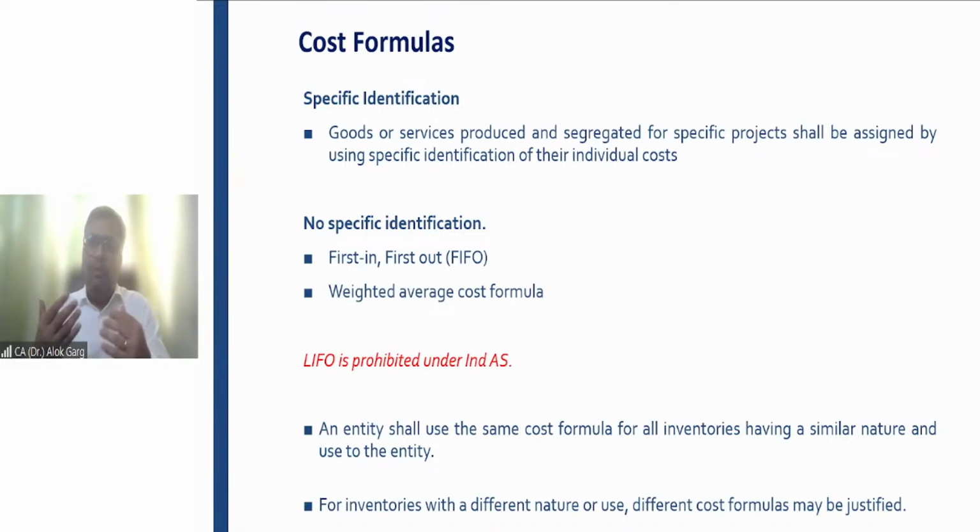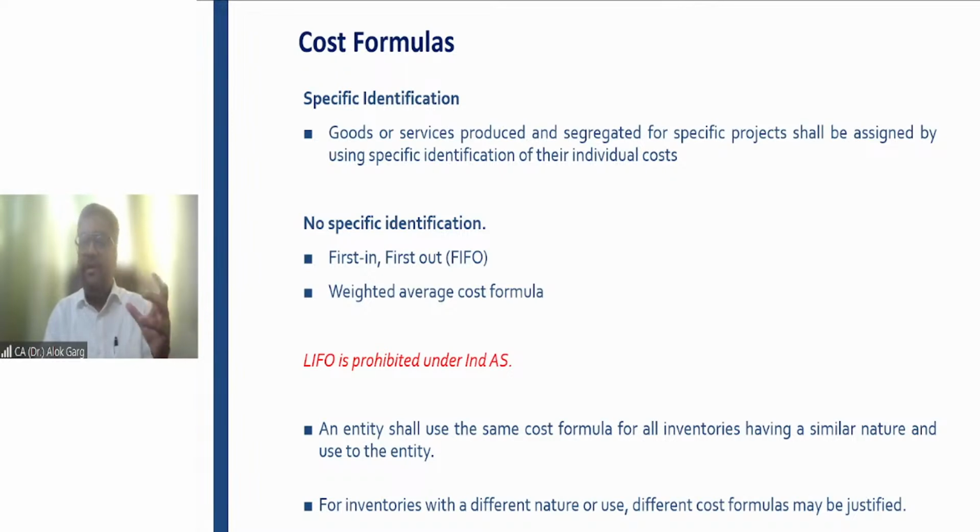Then you again bought 100 units of scooty in the month of July. Then you got again 50 scooties in the month of October. Then you again bought 100 scooty in the month of January. So in total, in the year, you bought 50 plus 100 plus 50 plus 100, 300 scooties.